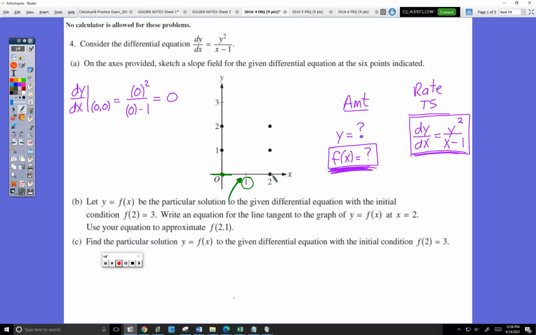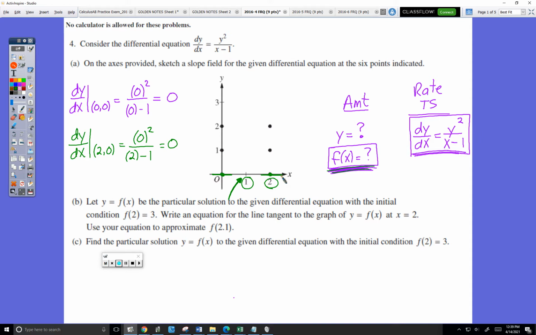But at this point here, where the y value is still 0, but the x value is 2, that's going to be the same result. The slope, when the x value is 2 and the y value is 0, is going to equal 0, which means the slope of f, if f were to pass through this point, would be horizontal again.